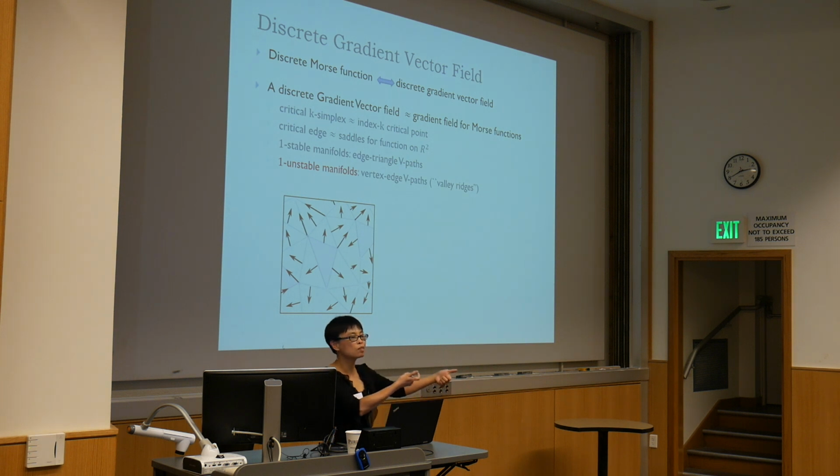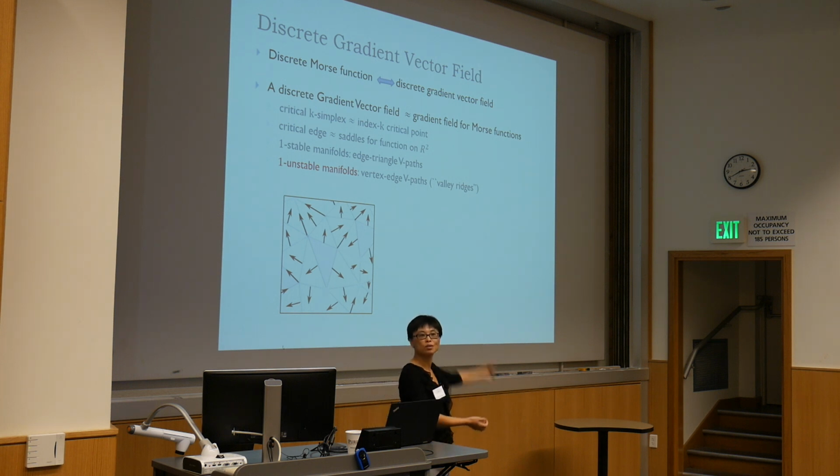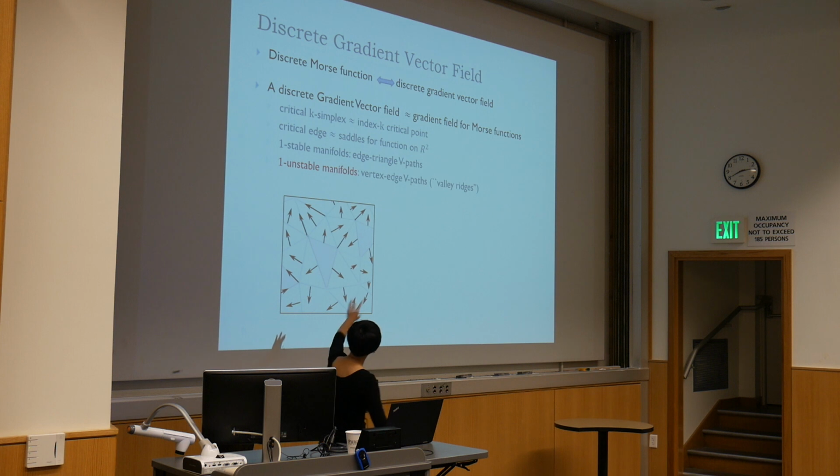So what I'm going to do is invert my function, my density field. I'm going to think that I want to get something called the one-unstable manifold, from minima to saddle to minima to saddle. The nice thing of this is that in the discrete case, it corresponds to vertex-edge pairs.